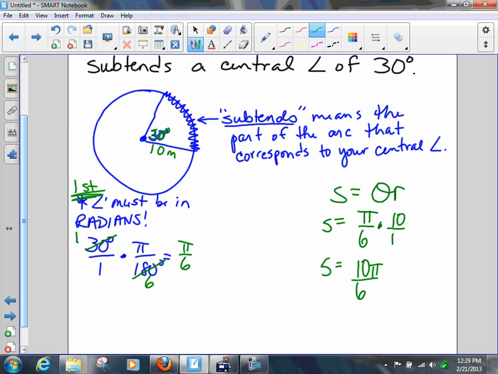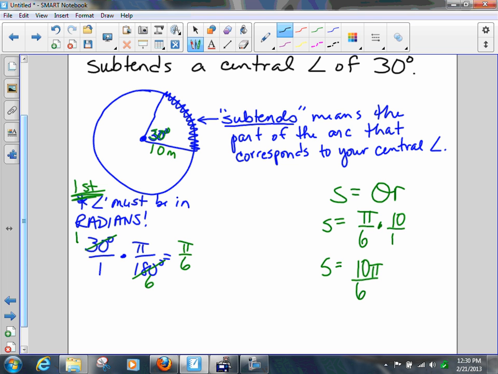Seriously. Have you seen a ruler that says 10 pi over 6? I don't think they make those either. You're right, they don't. Somebody probably has, and they're selling it as a novel idea, and it's a stupid idea. But what do you need to do?